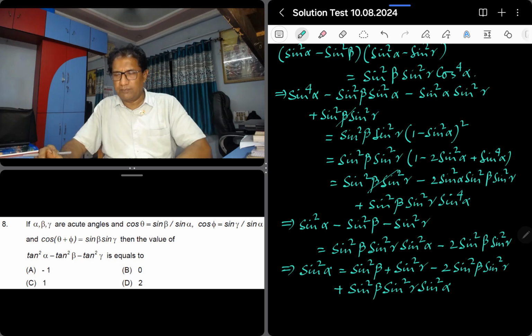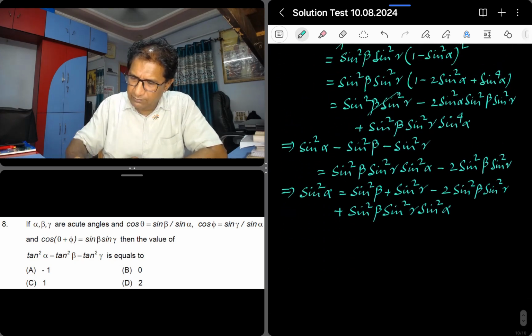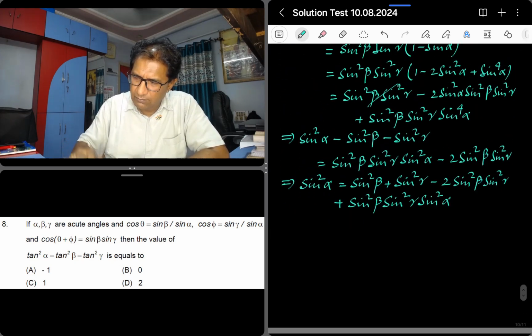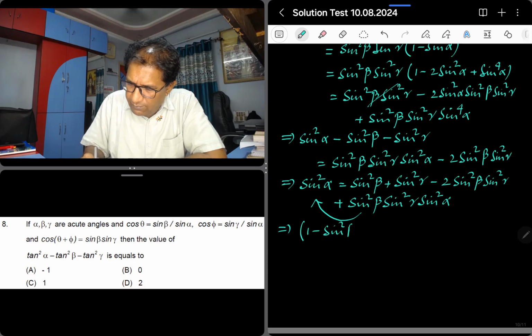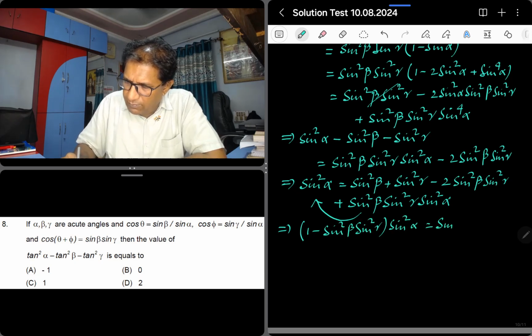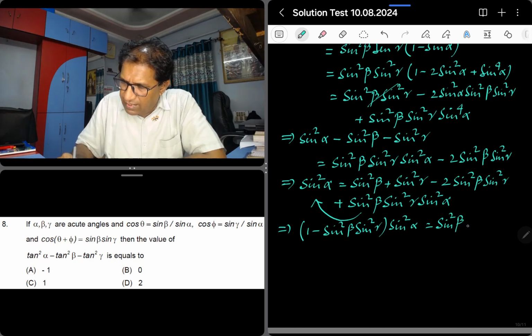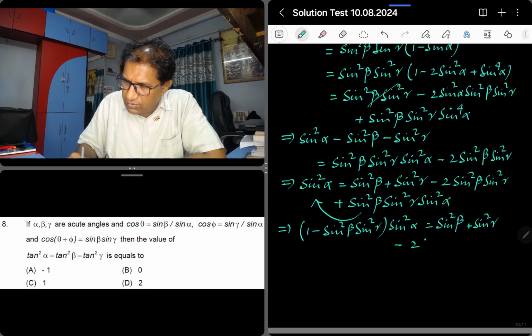this thing we got. Now let me take this thing in the left hand side. So we are having, in the right hand side, sine square beta plus sine square gamma minus 2 sine square beta sine square gamma.